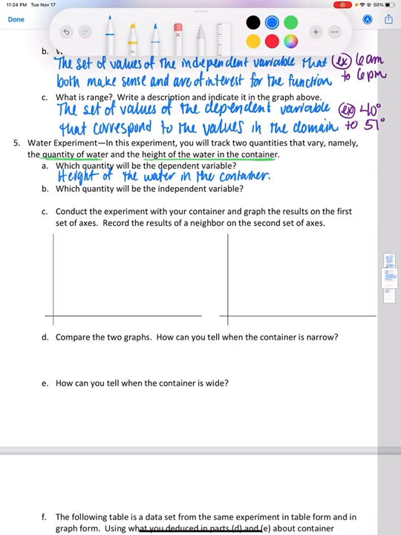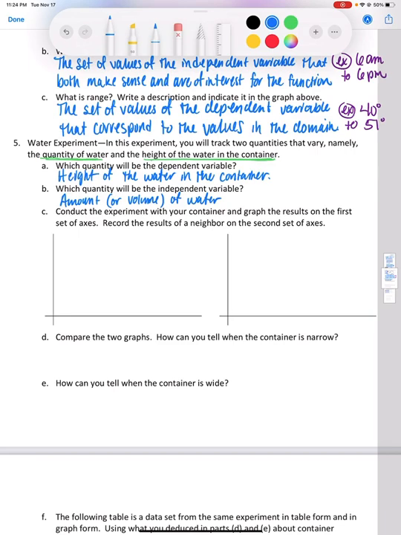Okay, which quantity will be the independent variable? Well, the independent variable is the amount of water. That's going to be the same no matter what. It doesn't depend on anything. Amount or volume of water.